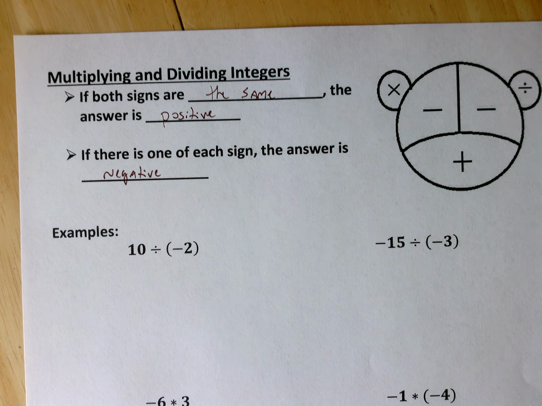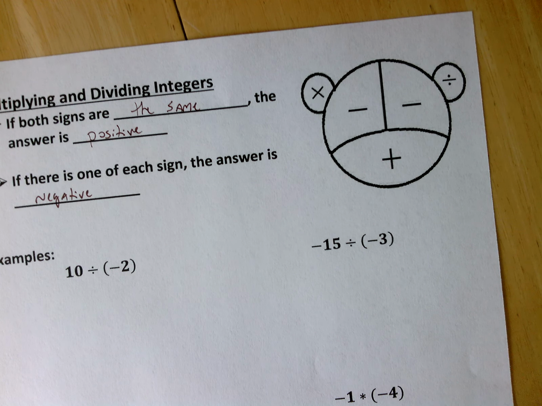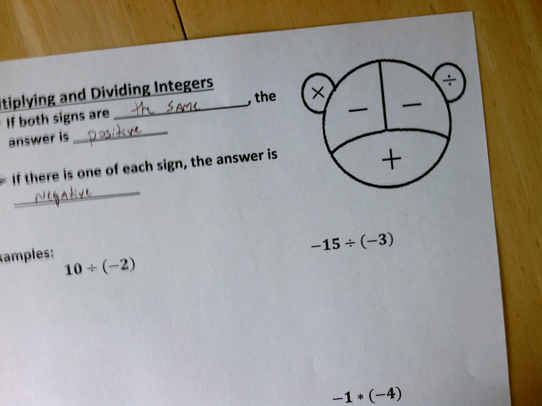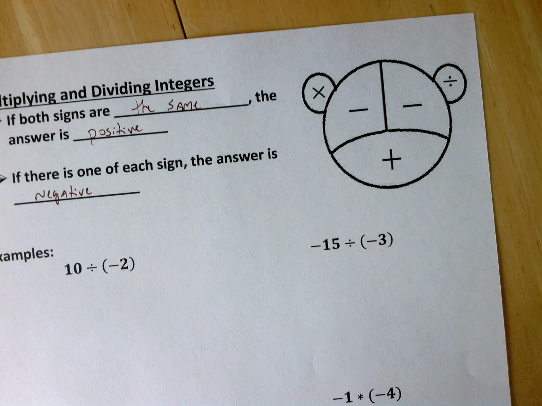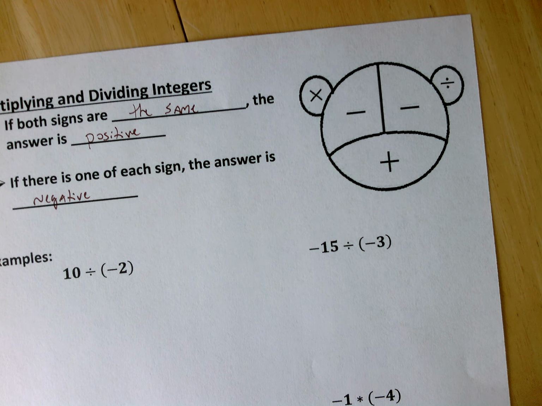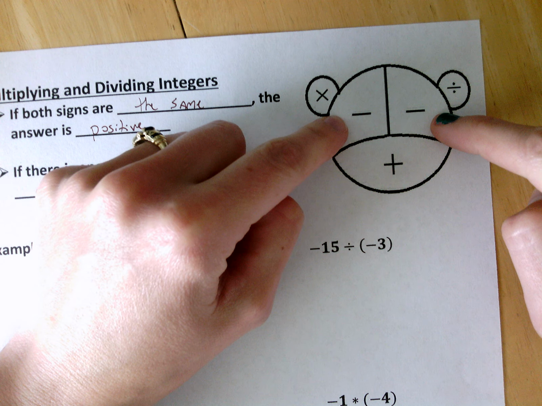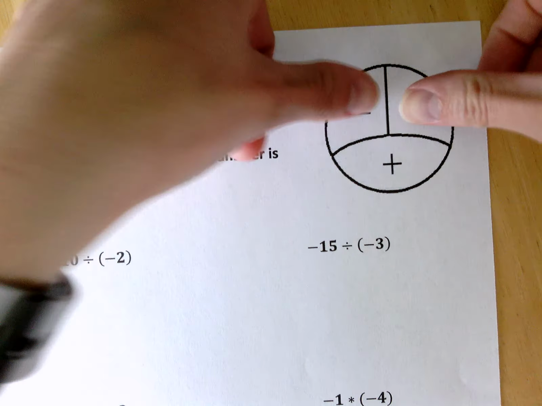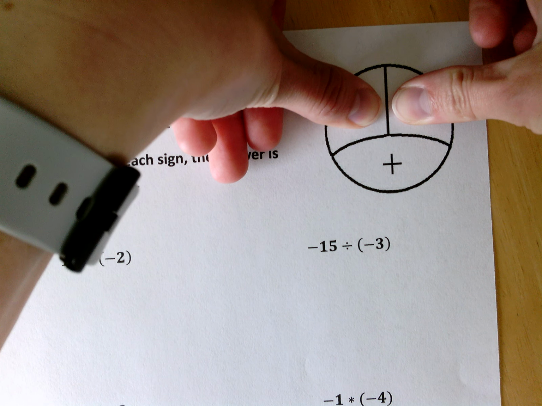Now if you can't remember that, here's where our multiplication division bear comes into play. You can see he's got the multiplication and division in his ears to help you remember that this is only for multiplying and dividing. He's kind of squinty. These are like his eyes and that's his mouth. So here's how you use it. If you have a problem and you have two negative numbers, you cover up what you have, and the one that you can see left over is the sign of your answer.